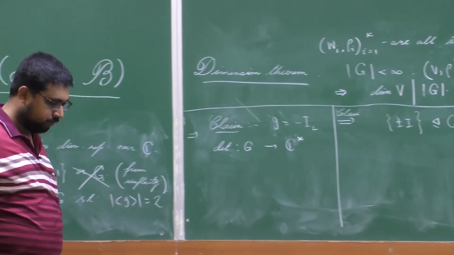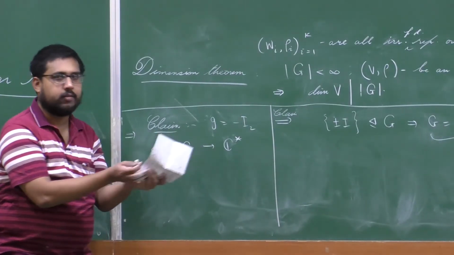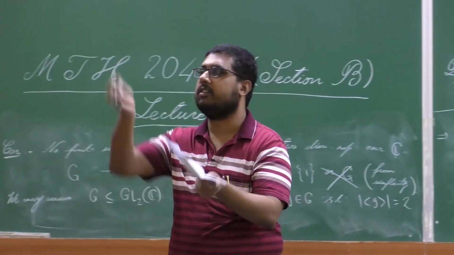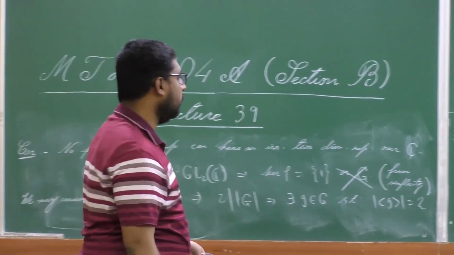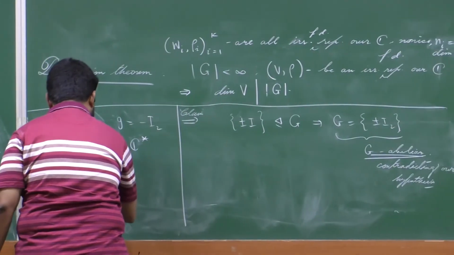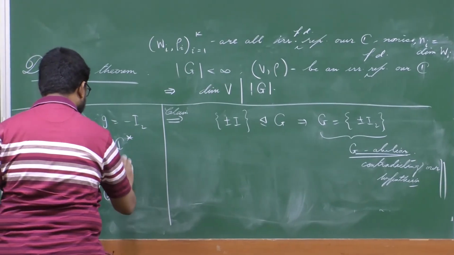So it's a homomorphism G to C star. The restriction of the determinant map to G is thus a one-dimensional representation of G, and we know that every one-dimensional representation must be obtained in this way.